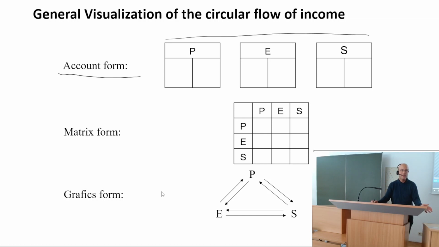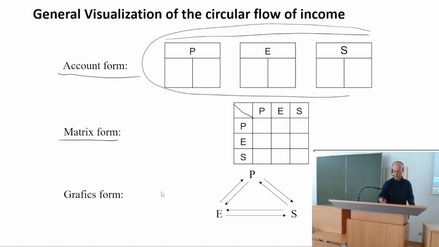Of course, this in and out process, we can also visualize via a matrix form. And this is maybe more concise than this one. Because of course you can think of much more than only three sectors. And writing down 17 accounts on one page, then you see almost nothing anymore. But in this very compact form of a matrix, this is for some issues also a good choice.